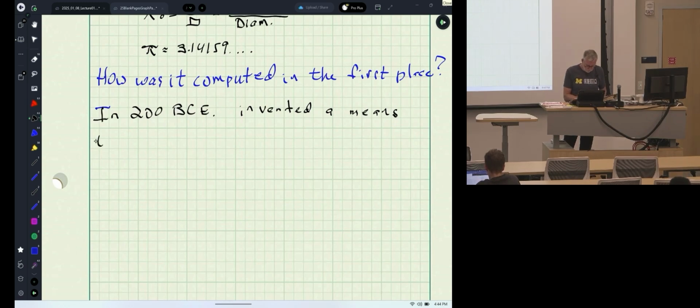Means to compute pi, whoops, I'm combining Julia and writing, okay? Pi to arbitrary accuracy.